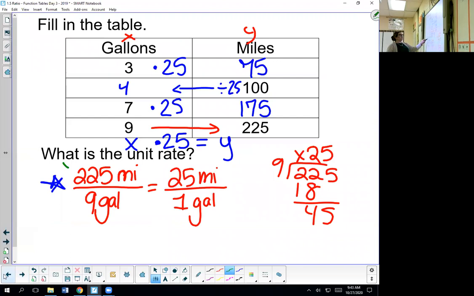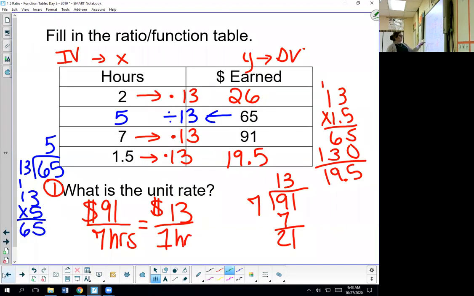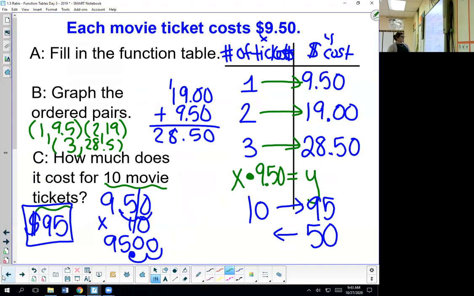You see how this was your Y over your X? That's something you need to keep in mind in the future.